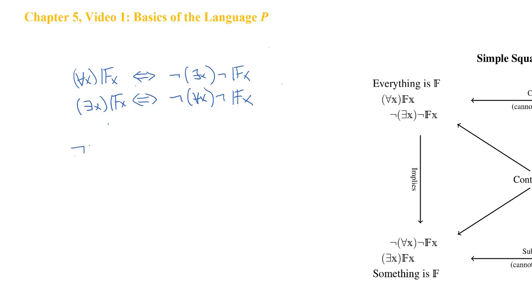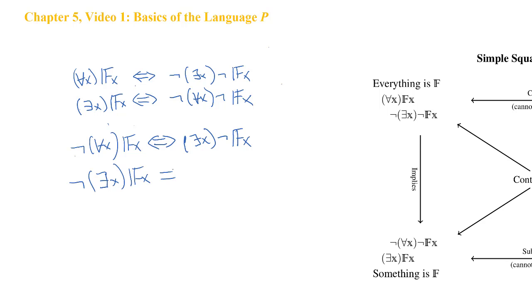We can also display this pattern in the following way. If we have a negated universal x, Fx, that is equivalent to existential x, not Fx. There must be at least one thing that is not F. And in parallel, if there does not exist an x that's F, that is equivalent to saying all x not Fx.